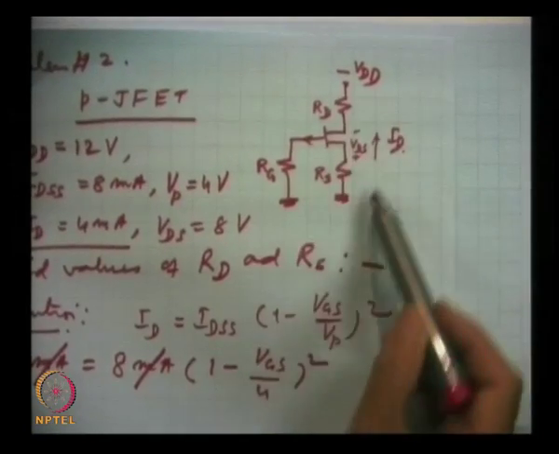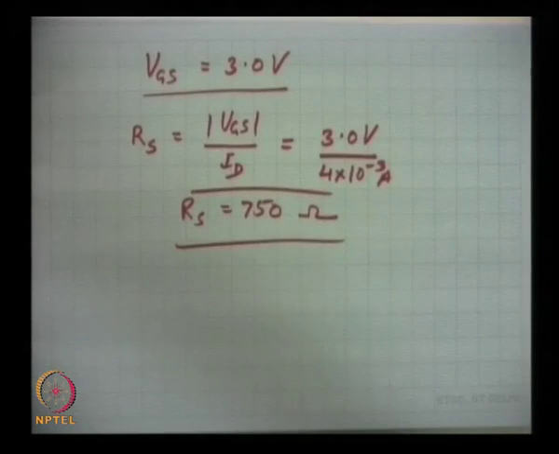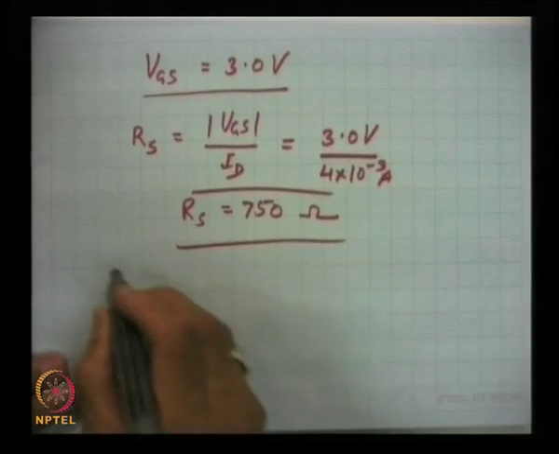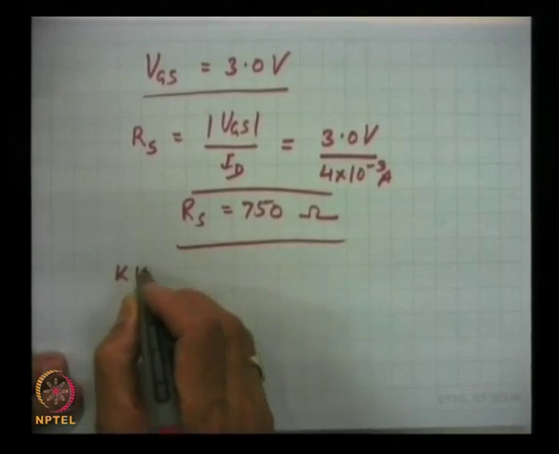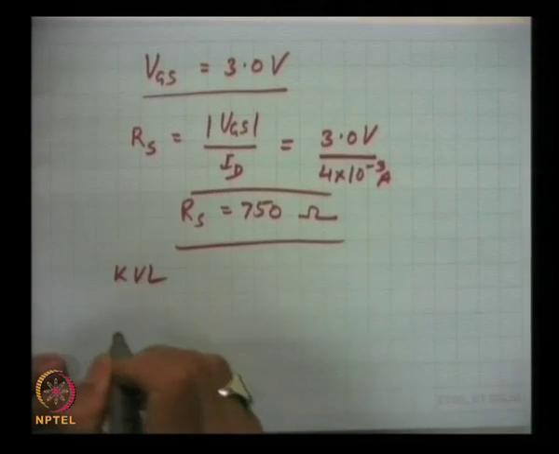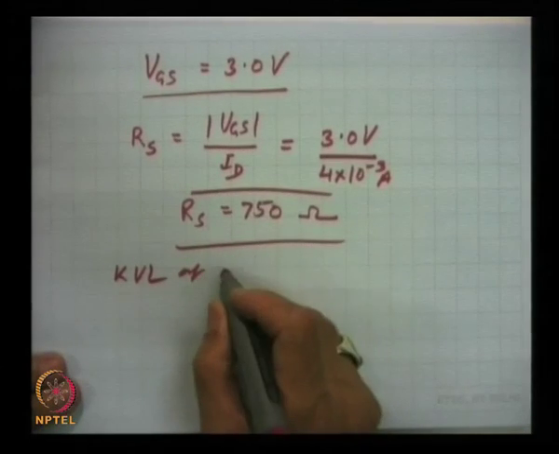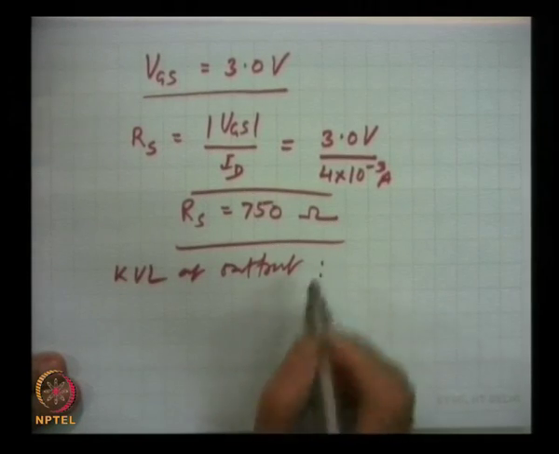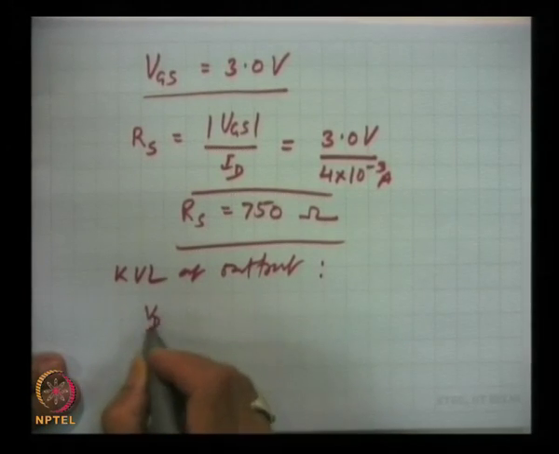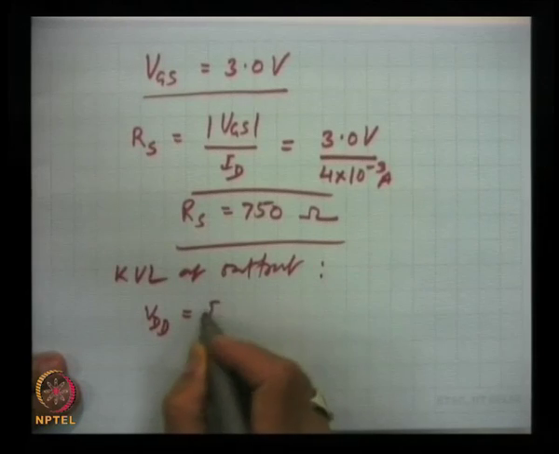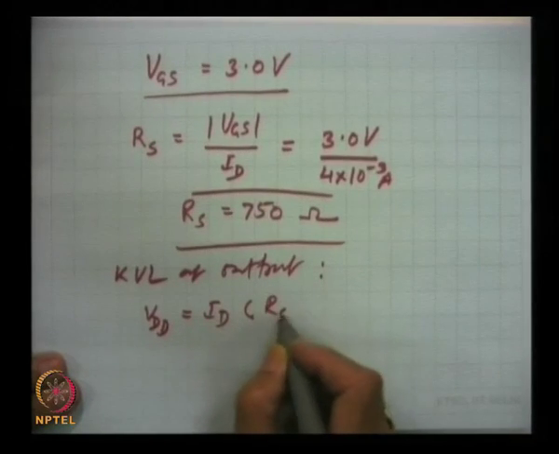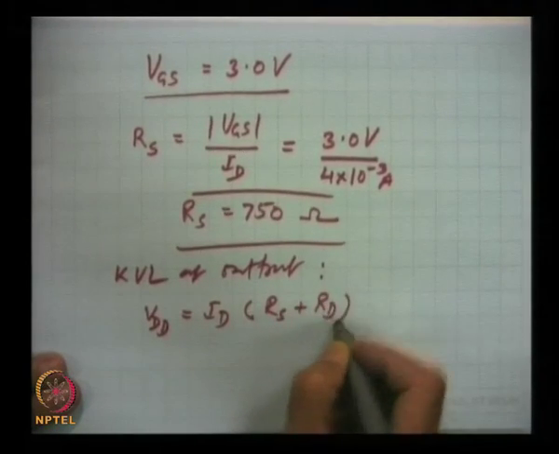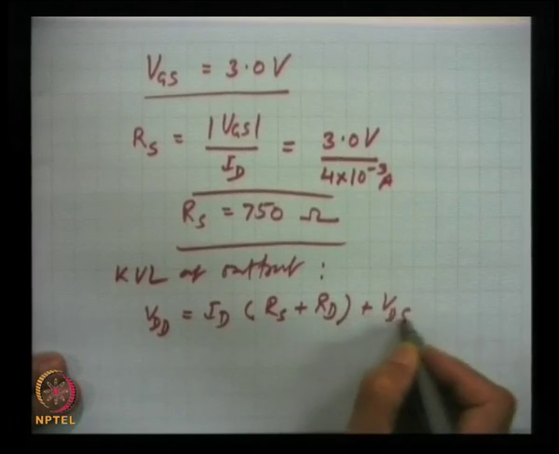Applying KVL, Kirchhoff's voltage law, at output, we get VDD equal to ID times RS plus RD, plus VDS.